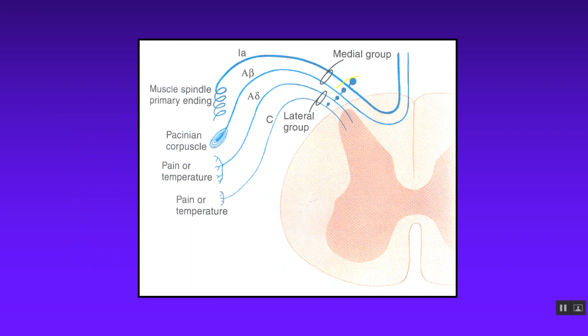So this here together is your whole dorsal root, divided into a more medial division and a more lateral group. The fibers coming in more medially are the nice big myelinated fast axons associated with proprioception. The more lateral ones are the smaller, less myelinated or unmyelinated A-delta and C fibers that carry pain and temperature. Okay.